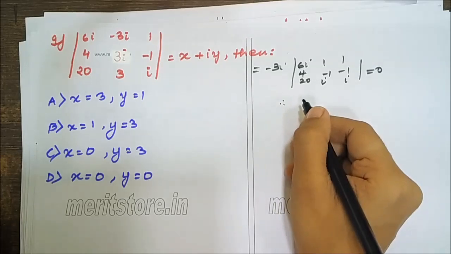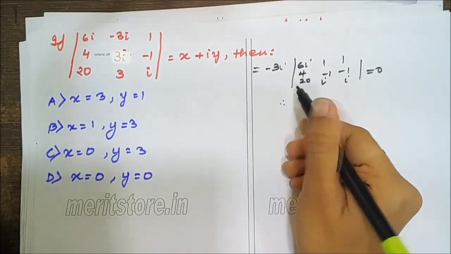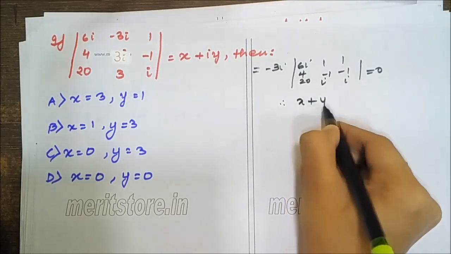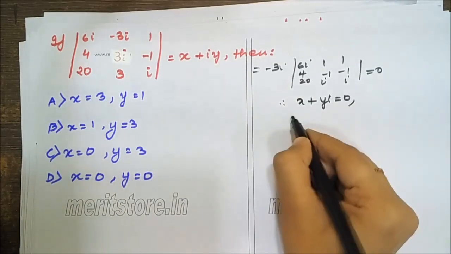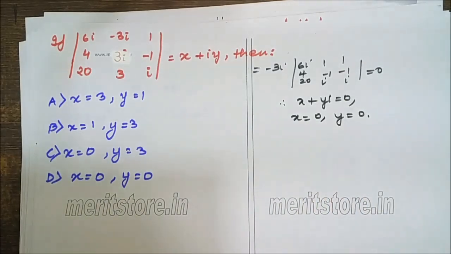You have to follow the equations and get it in the form of x plus yi. So here you will find x plus yi is equal to 0. So x is equal to 0 and y is also equal to 0.